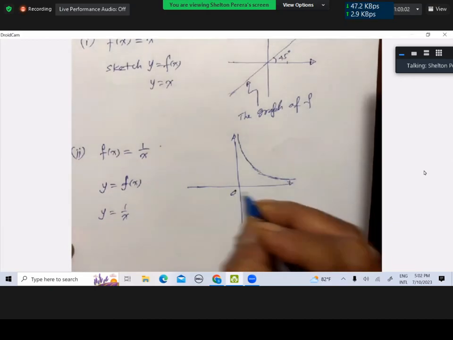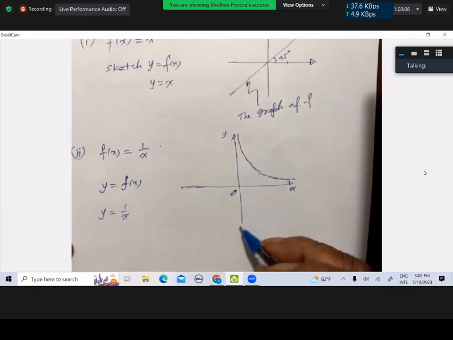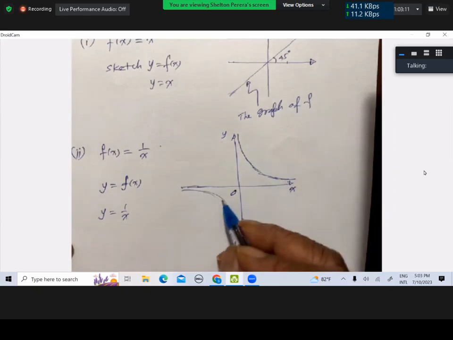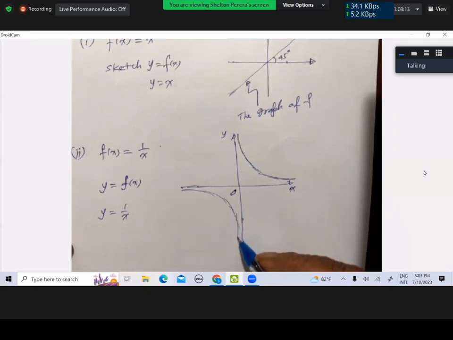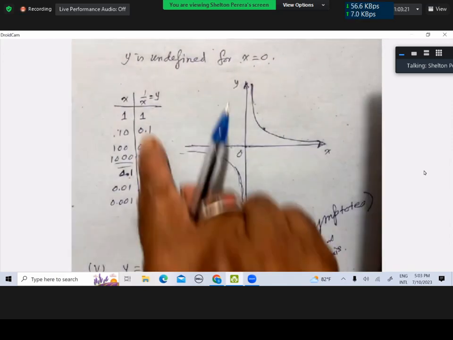This is O, X, Y. If you need help, we did it last time using the chart.